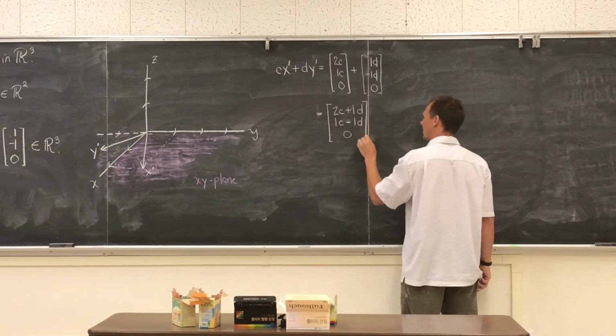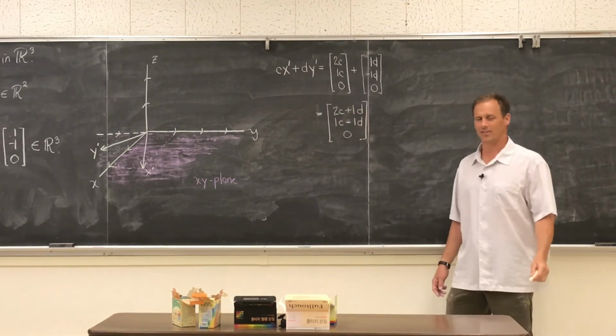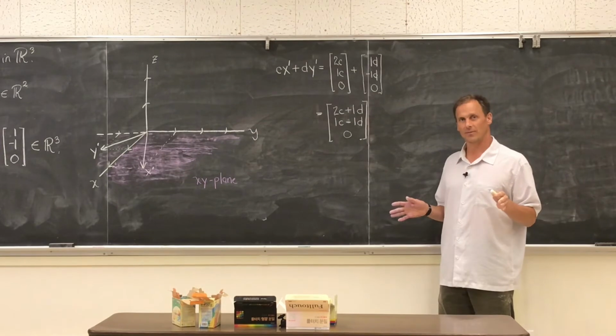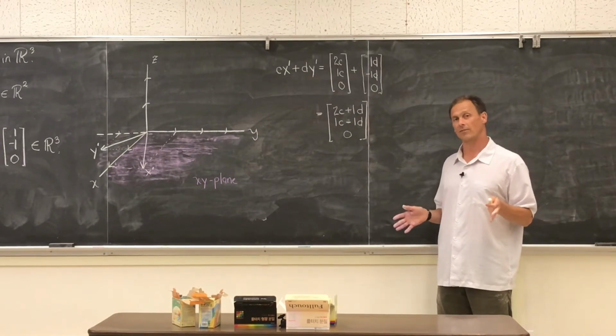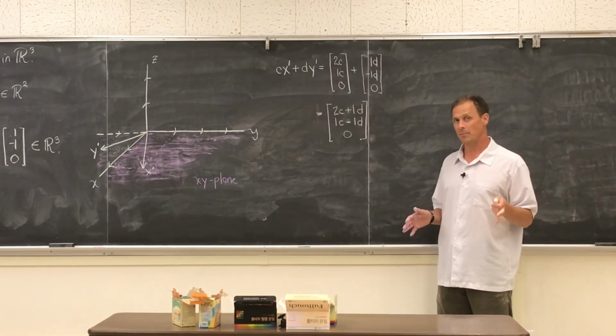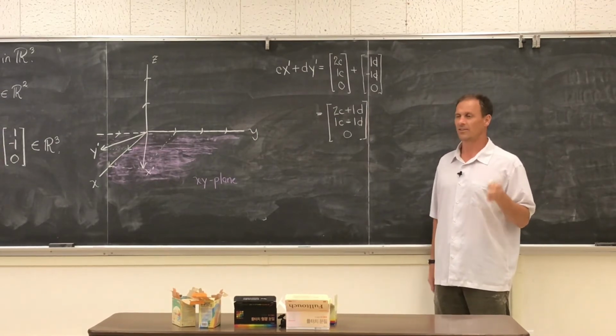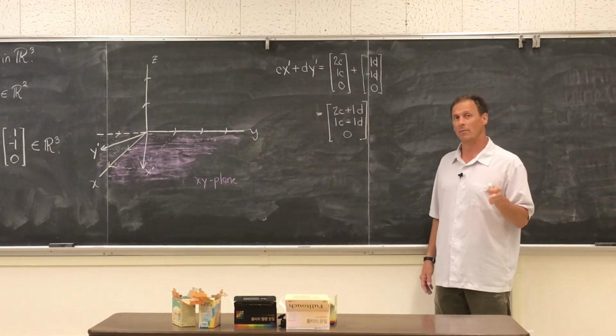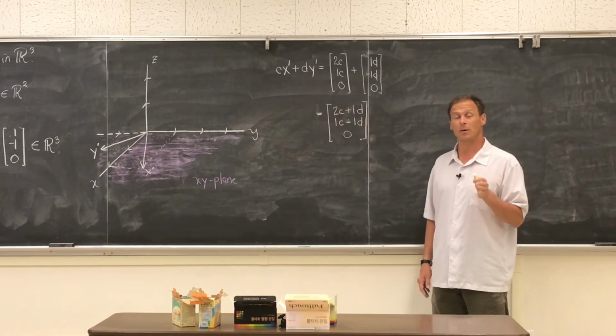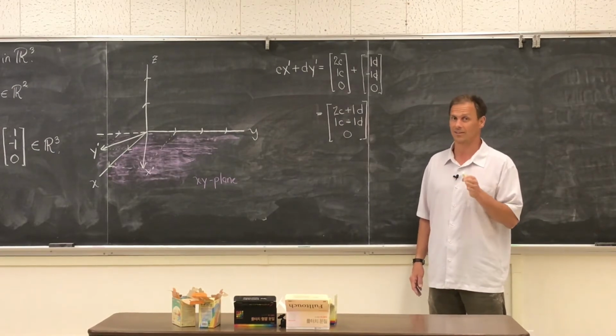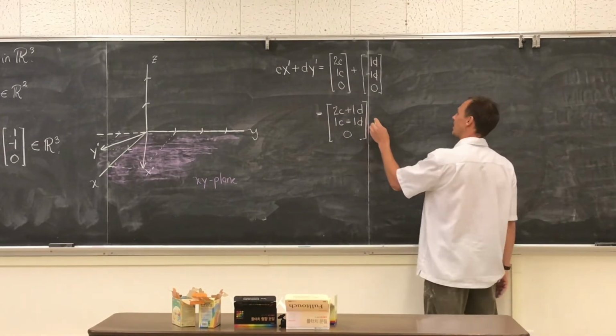So, wait a minute. What does that tell us? It tells us that if we only have x prime and y prime, we are stuck in the xy plane. The only way to get out of the xy plane is to have a vector that has some z component other than 0. So that's the big key here.